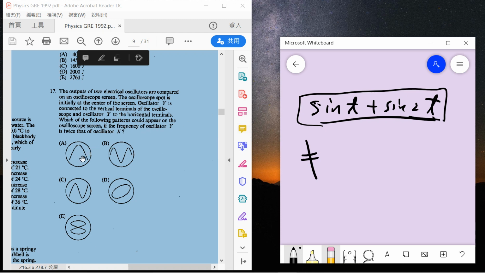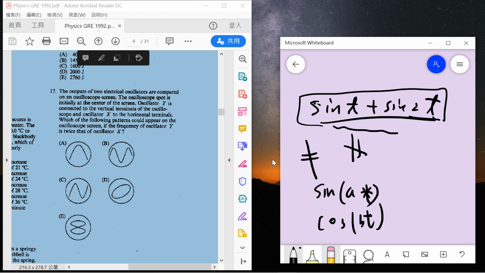So A probably, I'm not sure, but B is not correct because B looks like a sine and C looks like a cosine. If this is the axis, B should look like something negative cosine. C is probably the sine. This function cannot be written as any sine of ax or cosine of bt.